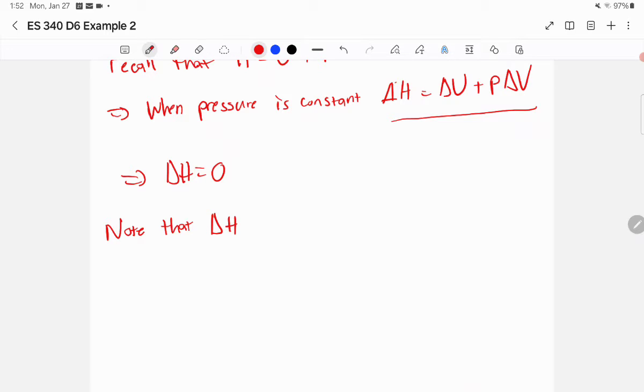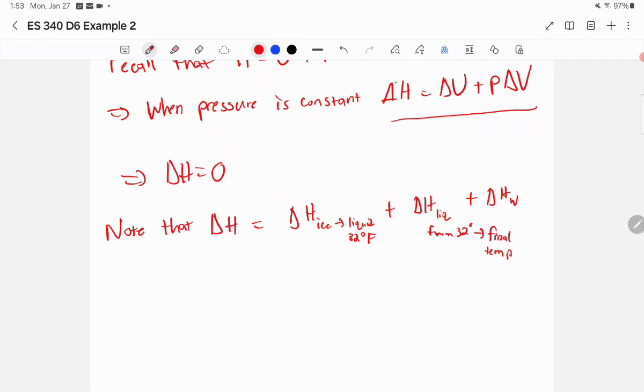So delta H has to be equal to delta H for ice to liquid at 32 degrees Fahrenheit, plus delta H for the liquid from 32 to whatever the final temperature is, plus delta H for the water, because the water is cooling down.